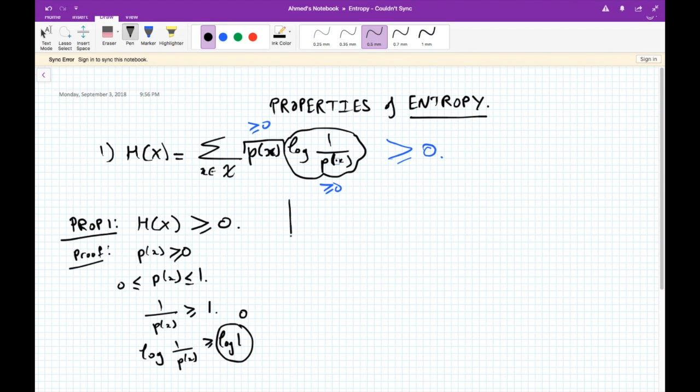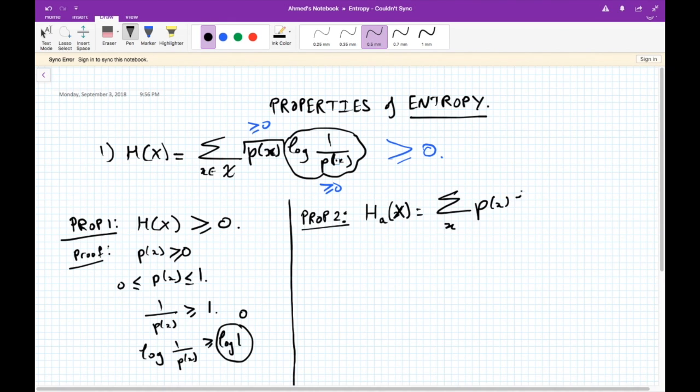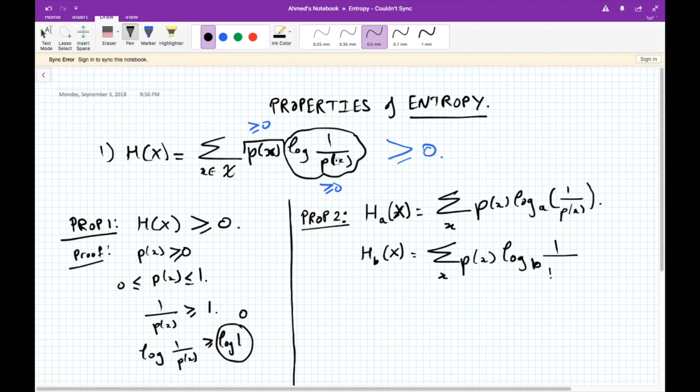Now, another property is the change of base. So let's say I don't want my entropy to be of base 2. I want a more generic base. If my entropy H subscript a of x represents the entropy where the log is of base a, then what is the relation between H_A of x and H_B of x, with log base B of 1 over P of x?